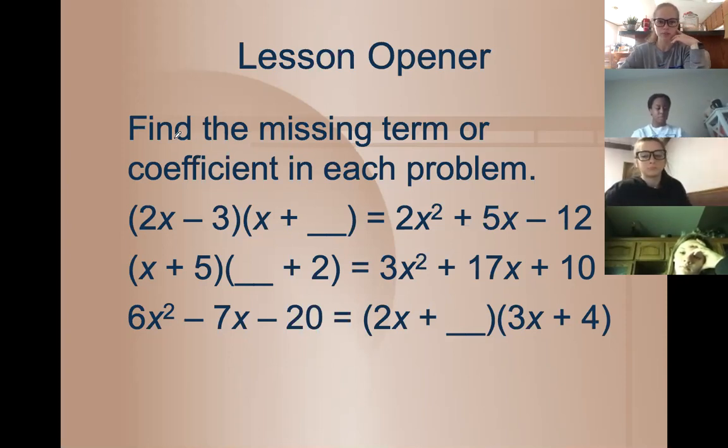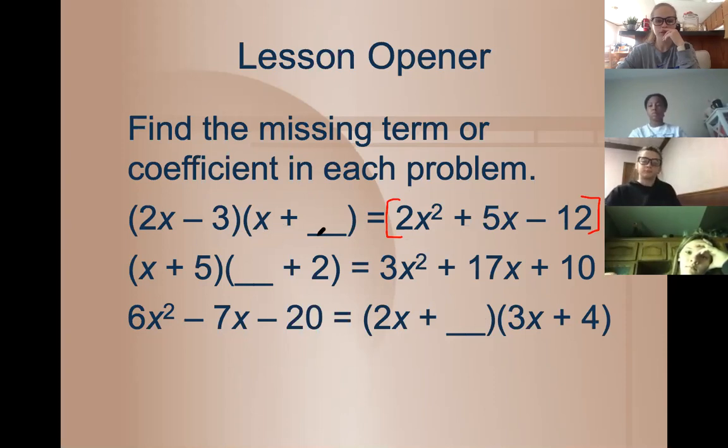We've got 2x minus 3 times x plus something. This is a binomial, so when we FOIL it, we should get this trinomial, correct? 2x minus 3 times x plus 1. And I already showed you the answer there. Well, how did you find that? How did you find what should go in the missing blank?